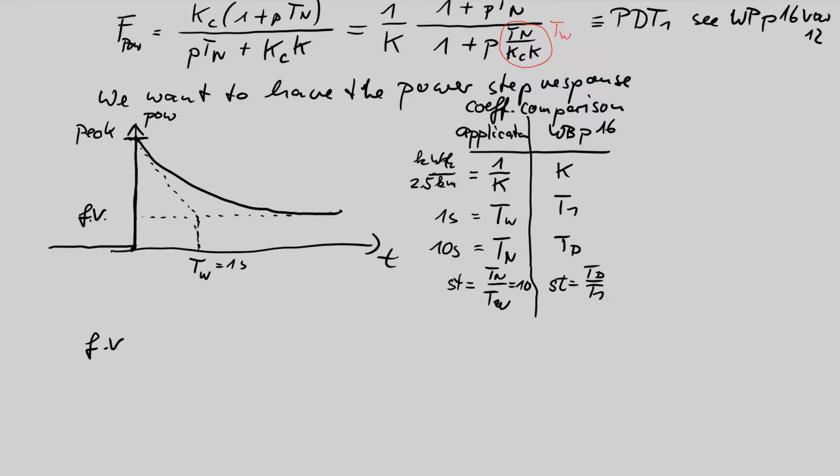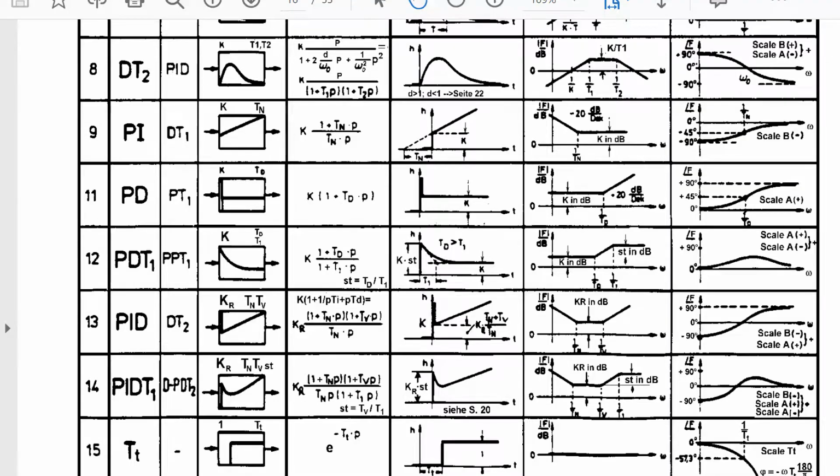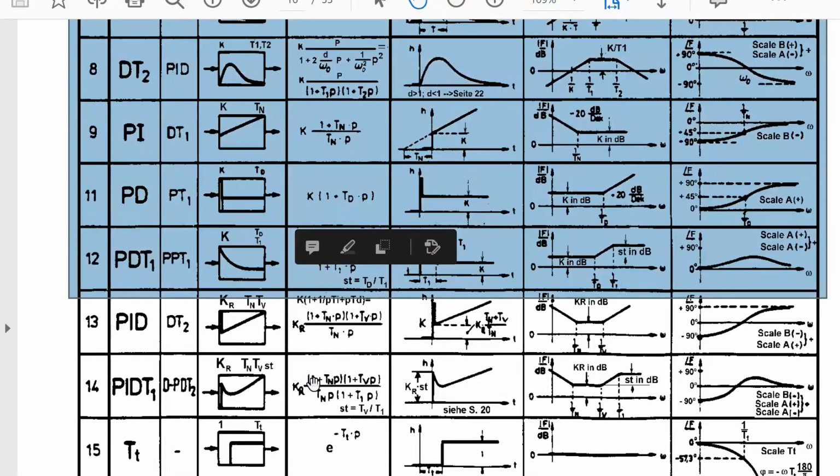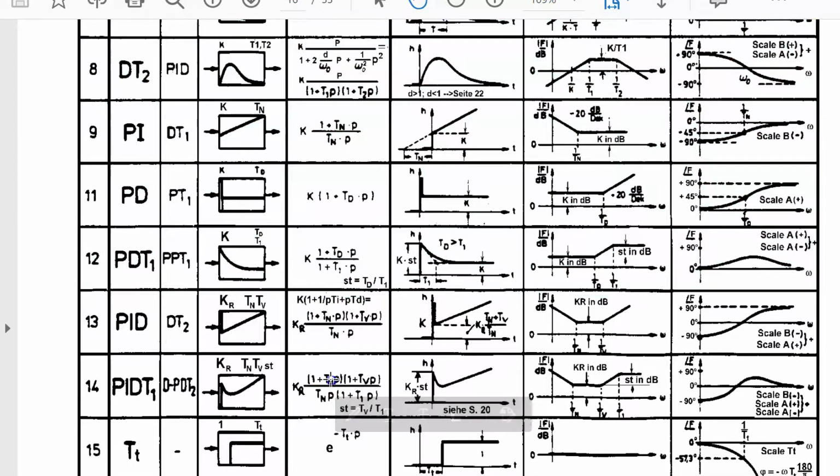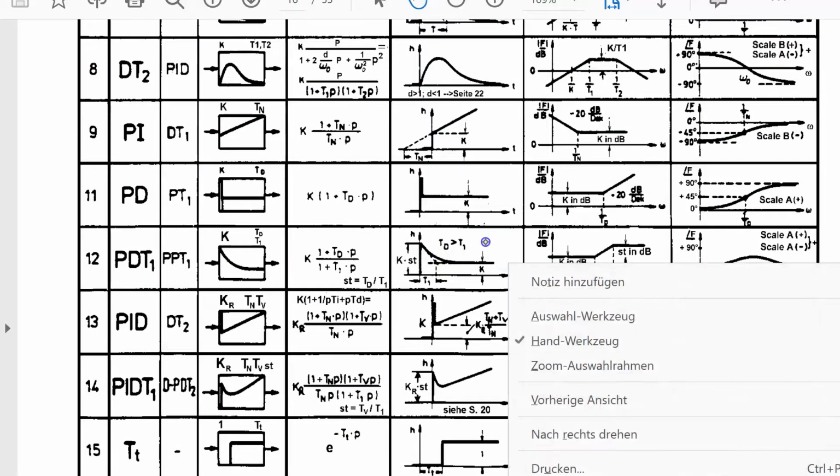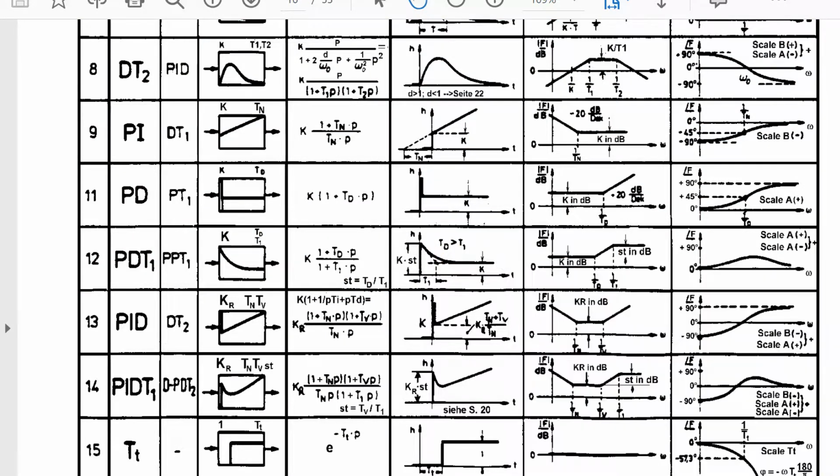Final value is, let's look in my workbook, k is the prefactor of my transfer function. The final value is k, that is a unit step response. So our correct final value is k, the prefactor, times input amplitude.